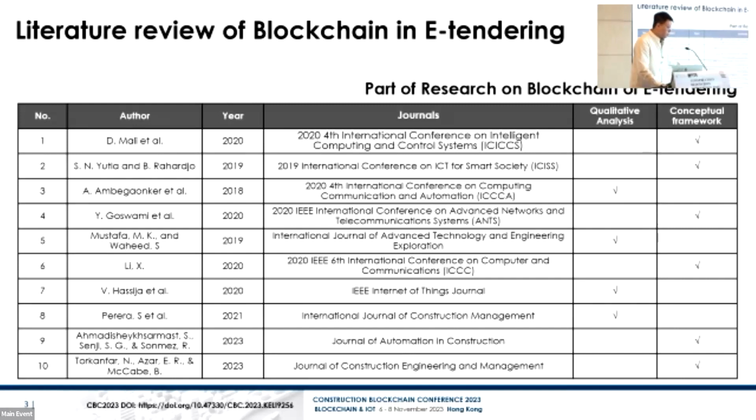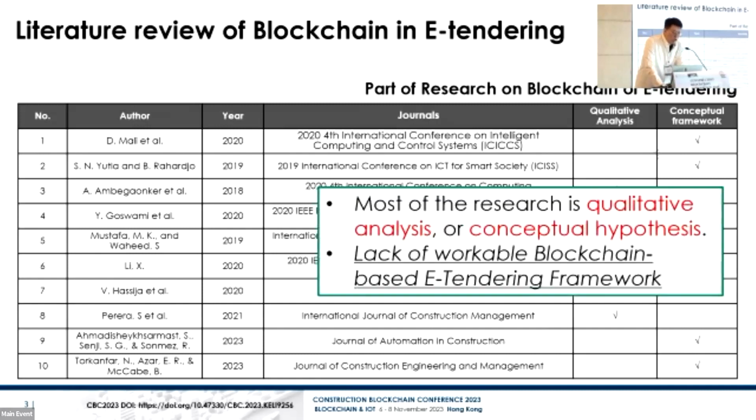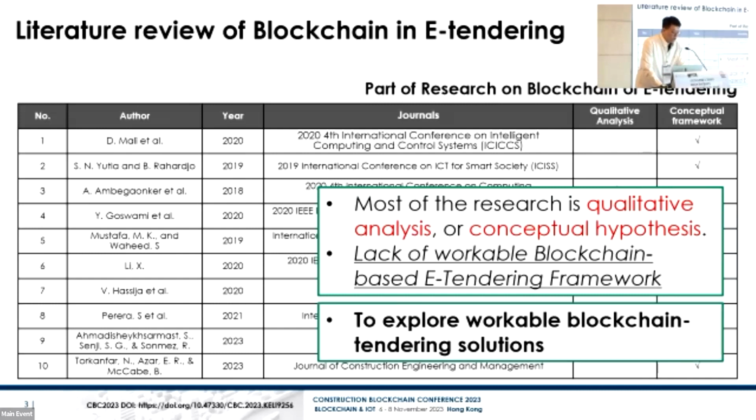These are papers from 2018 to this year, some journal papers and some conference papers, all trying to make blockchain technology usable for a more secure e-tendering process. But we found that most of this research is quantitative analysis or just computational hypothesis, lacking a workable blockchain-based e-tendering framework. So our study aims to explore a workable blockchain integrated e-tendering solution.